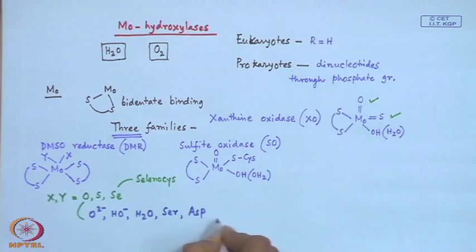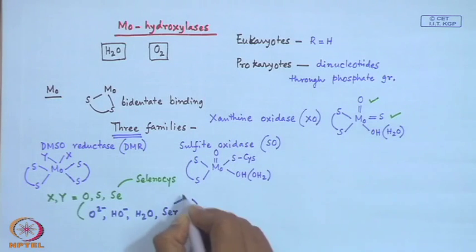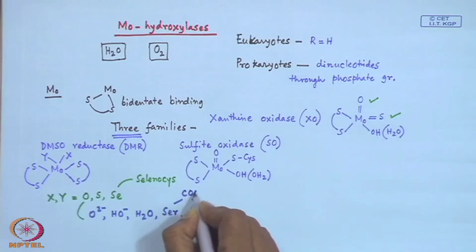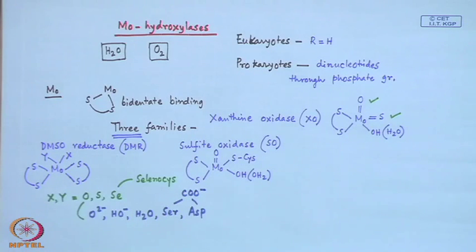So, these are the 2 available, found and structurally characterized, as the typical attached corresponding acid functions. That means, these 2 are basically going for oxygen of COO minus units. So, these COO minus units are coming from there.